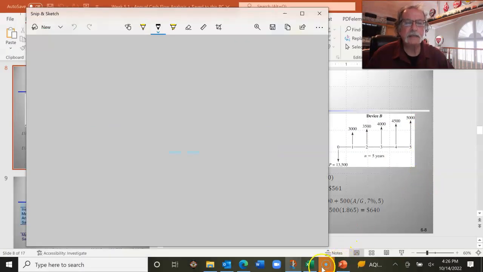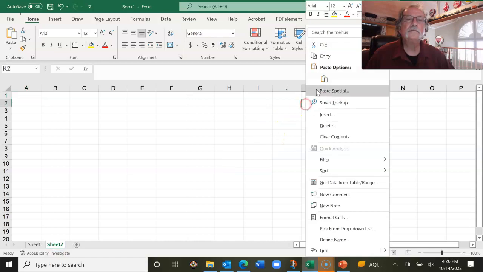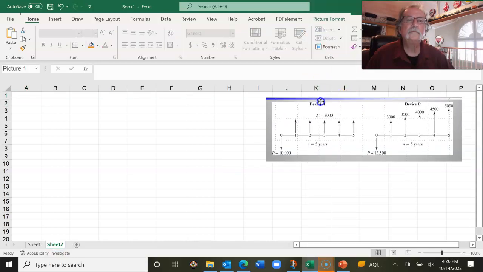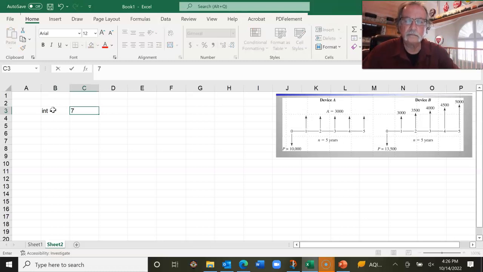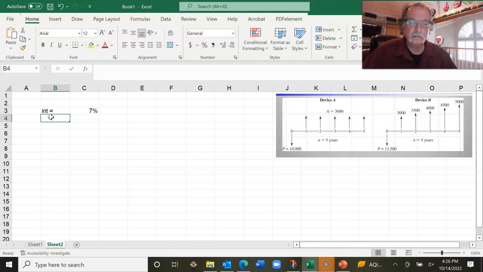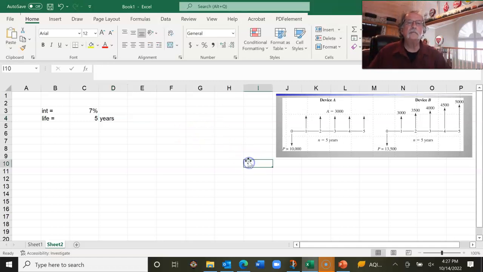Interest rate is 7%. They have a different cost and they have a different benefit, so we need to maximize the equivalent uniform annual worth.